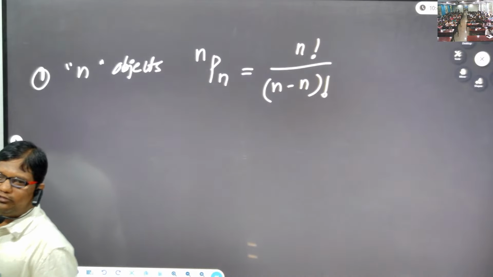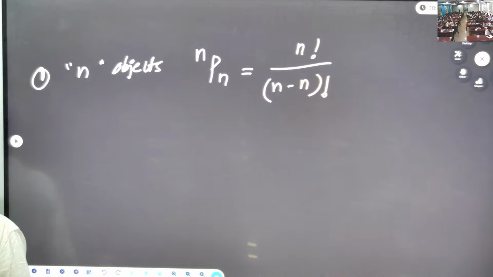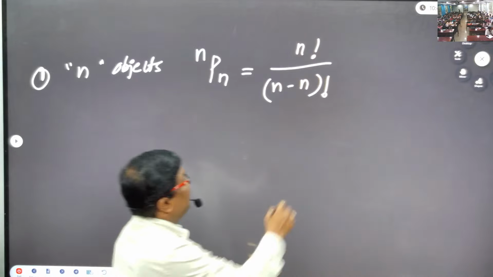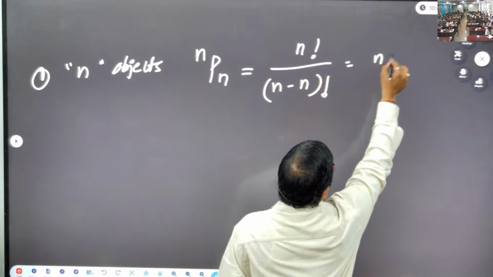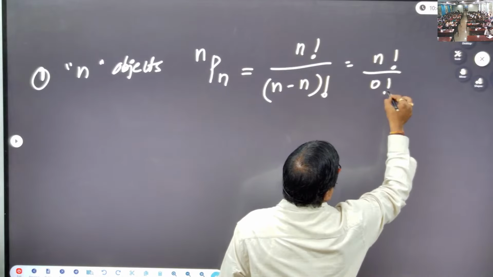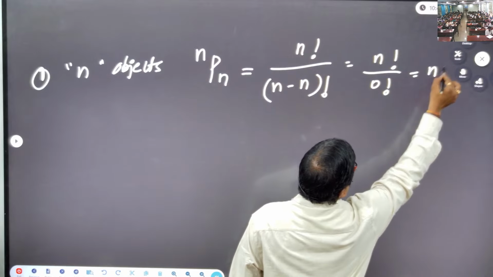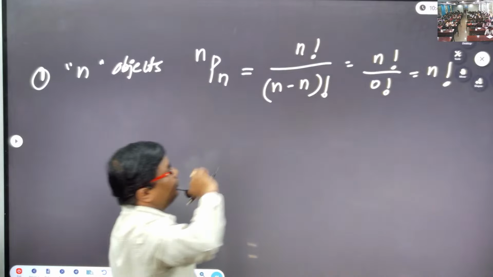The objects have been changed to n. So n factorial by 0 factorial, which is equal to n factorial. That is the first formula.